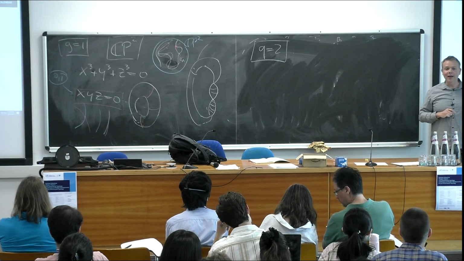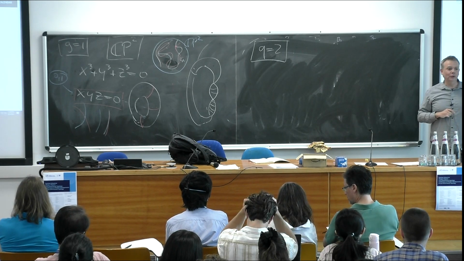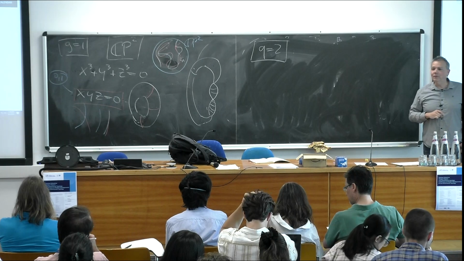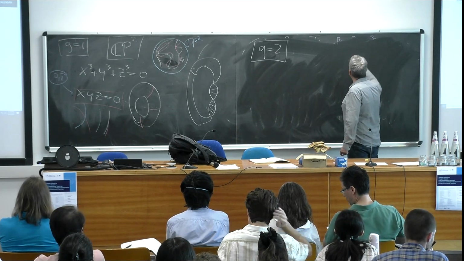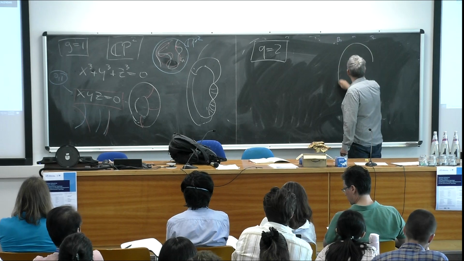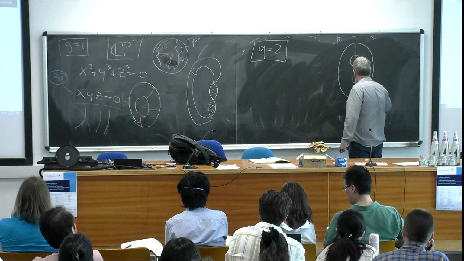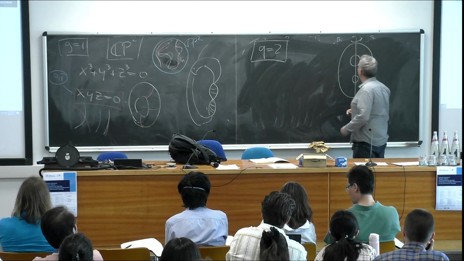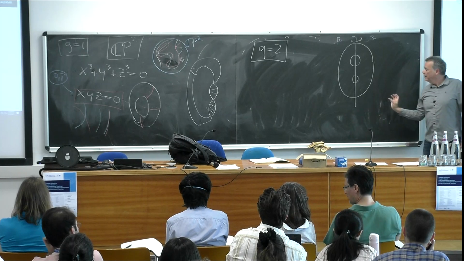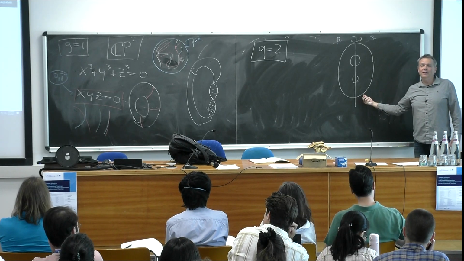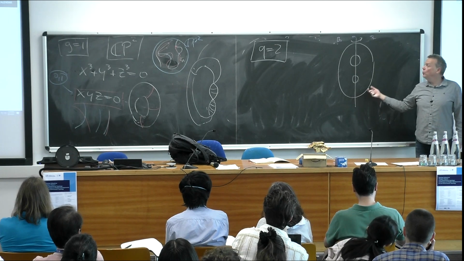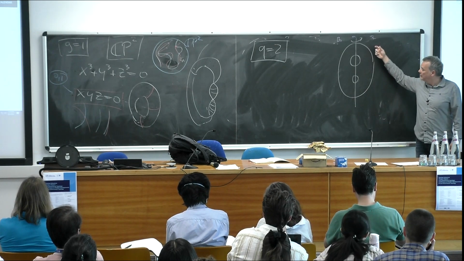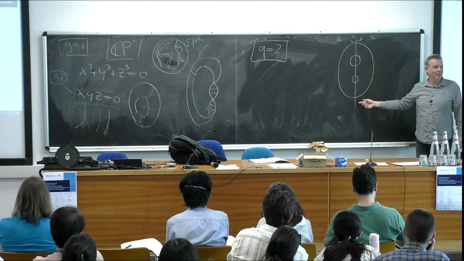But we want to have a handle on genus 2 surfaces a little bit. And the trick we are going to use is that if I have a genus 2 curve, then I can rotate around this line by 180 degrees, and this is an involution, and I could divide by that involution. That involution has exactly 6 fixed points.